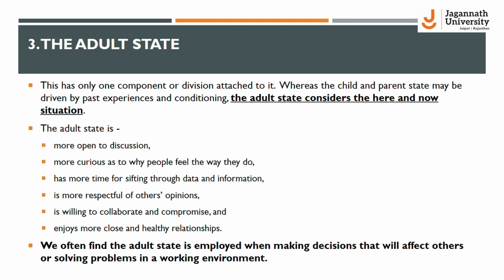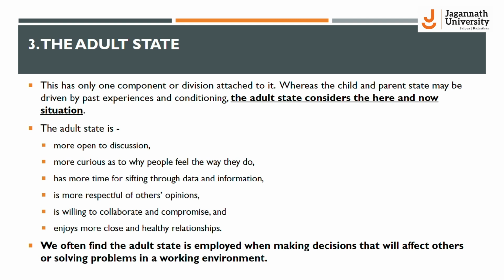So, if you can see the features of the adult state, we can identify which is our dominant ego state and in which state we most often respond to objects, situations or people. We often find the adult state is employed when making decisions that will affect others or solving problems in a working environment.